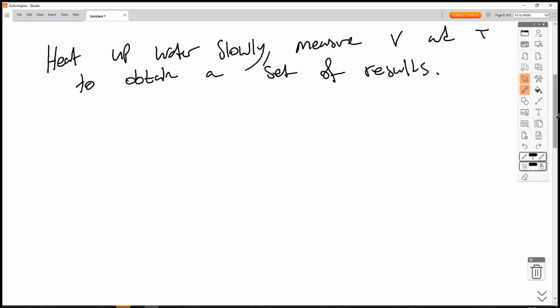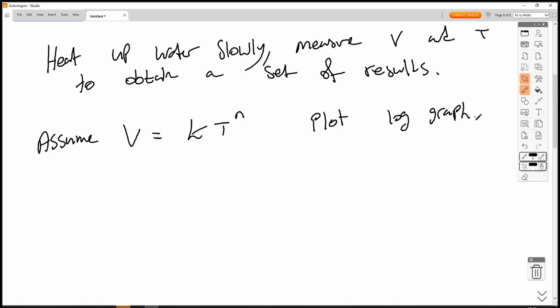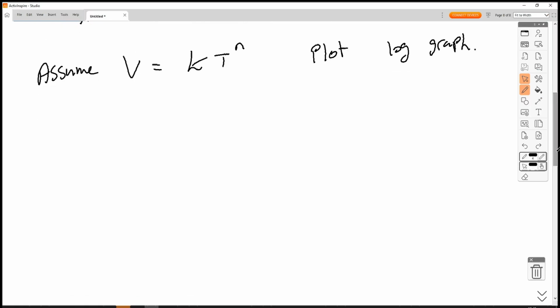So here we can assume that V is equal to KT^N, and we plot a log graph. So we've got log V equals log KT^N.